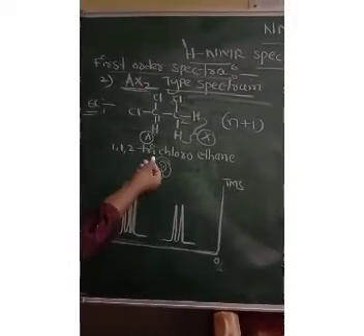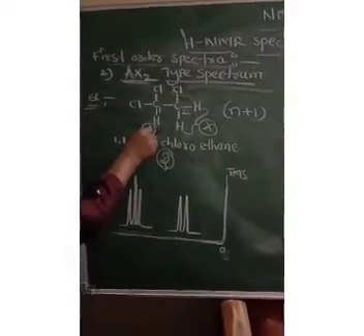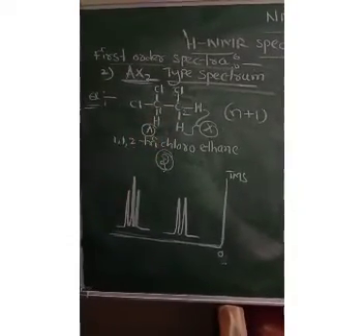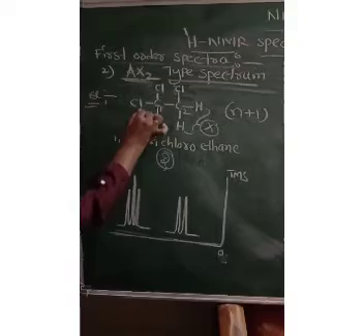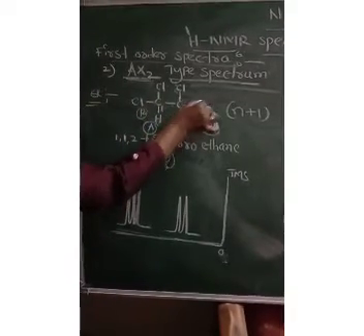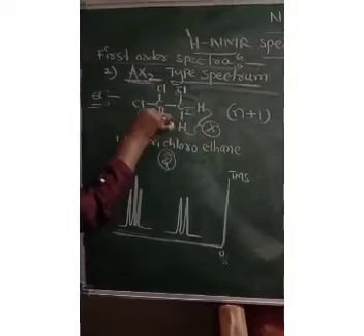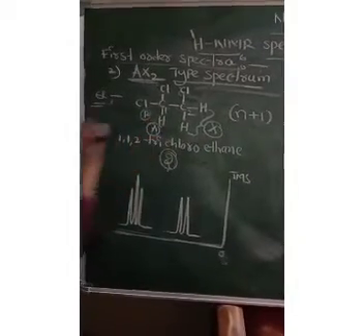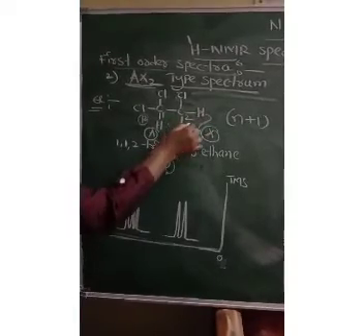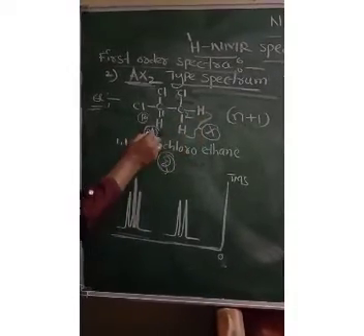Let us see the multiplicity in this molecule. For the A type of proton, with the reference proton, the number of neighboring protons is 2.